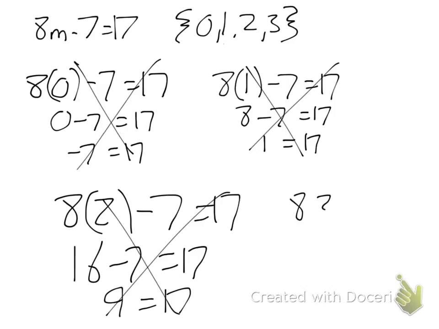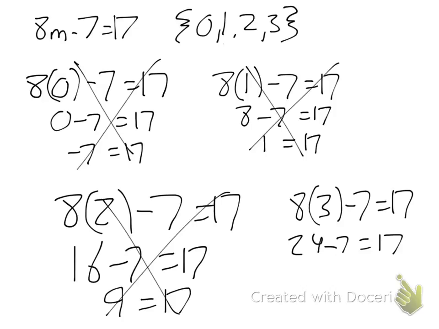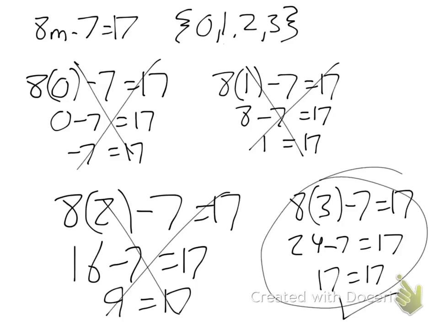So 8 times 3 minus 7 equals 17. What is 8 times 3? 24. Minus 7, does that equal 17? Yes, 17 equals 17. Check. That means 3 was our solution. So maybe go back up and say 3.